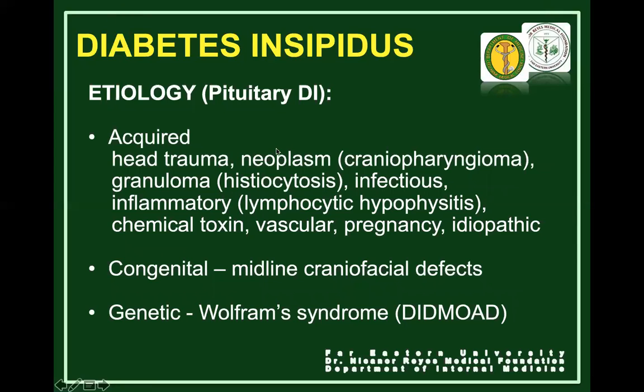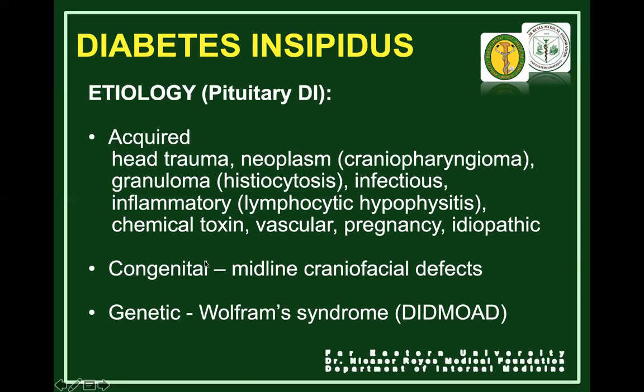So one is head trauma, also neoplasm, which is craniopharyngioma, granuloma, histiocytosis, infection, inflammatory, like I've mentioned, lymphocytic hypophysitis, chemical toxins, vascular, pregnancy, and it can be idiopathic. So sometimes we really don't know what's causing the diabetes insipidus.